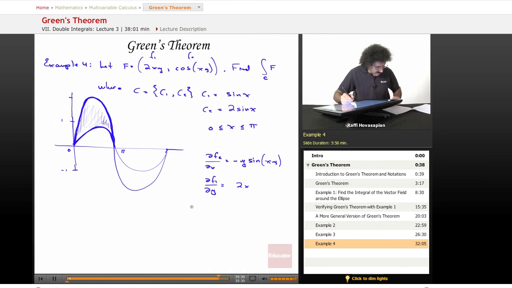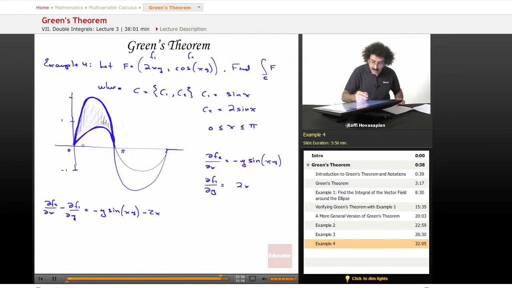Therefore, my integrand, df2 dx minus df1 dy, which is my integrand under my double integral, is going to equal minus y times the sine of xy minus 2x.